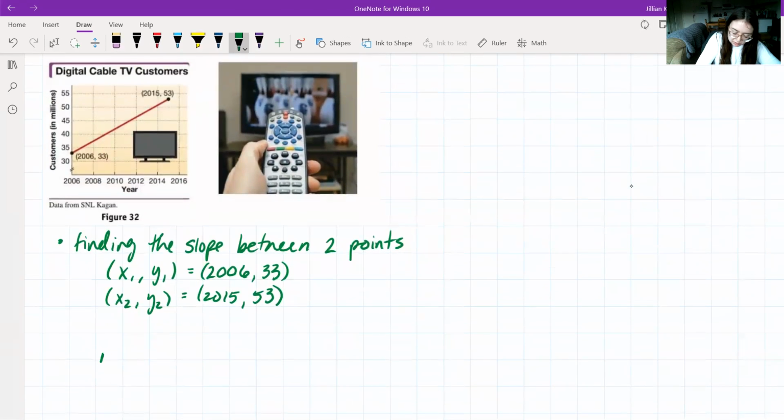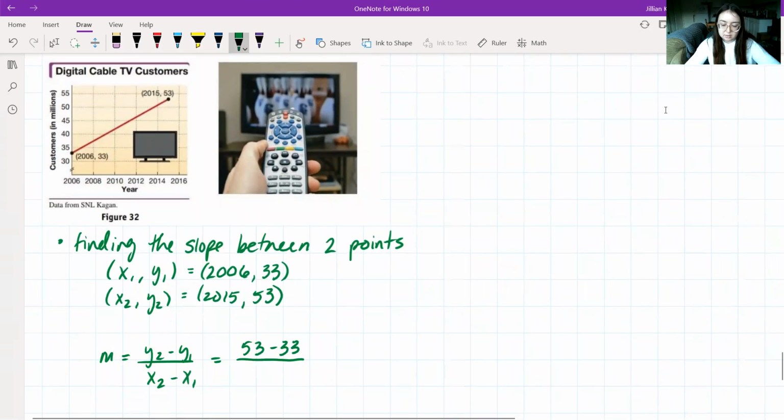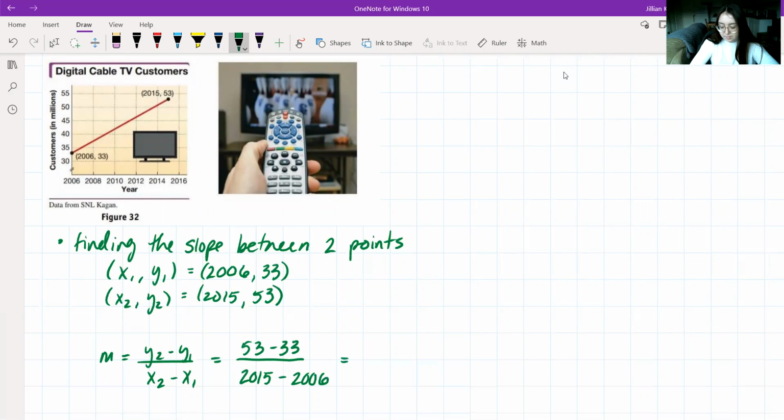And our formula for slope, we determined m was equal to y2 minus y1 divided by x2 minus x1. Y2 we determined is 53, y1 is 33. Then we see our x2 is 2015 and our x1 is 2006.